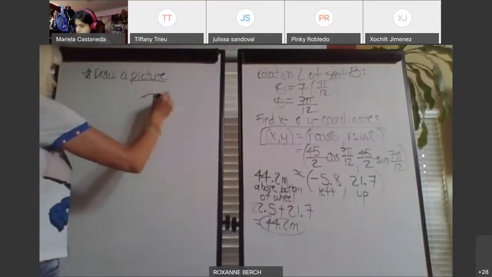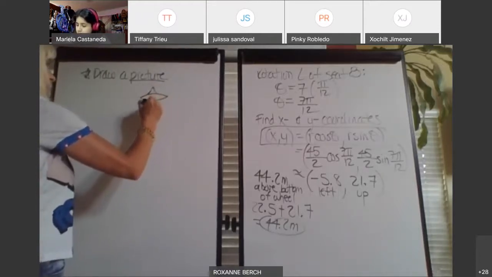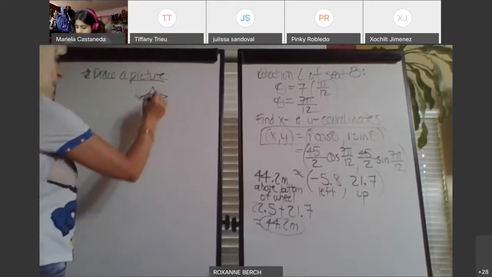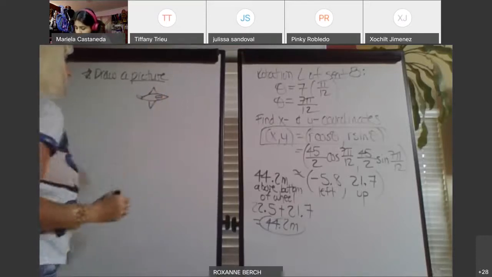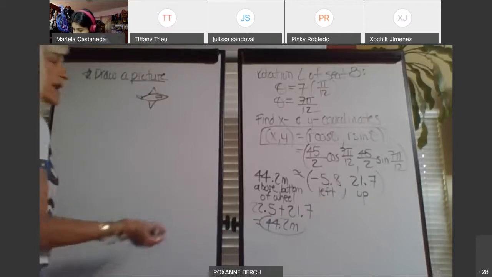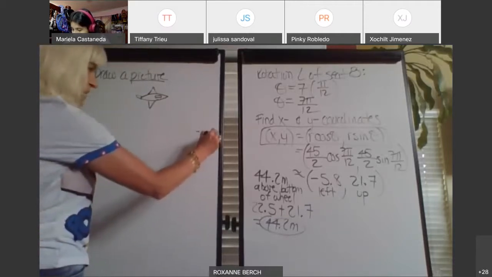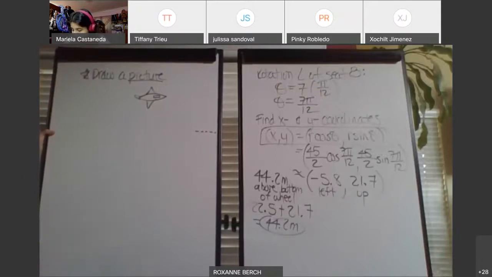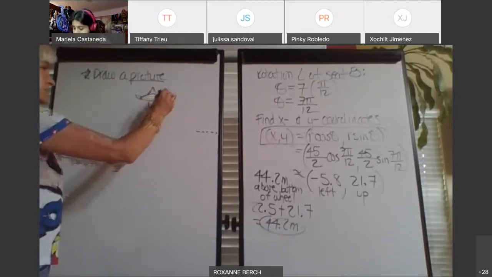So now you're going to have to. So you have this airplane. Don't hate because you can't draw like me. It says it begins to descend toward a runway. So the runway is over here. So this plane is descending like this.